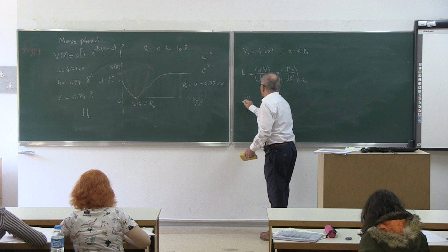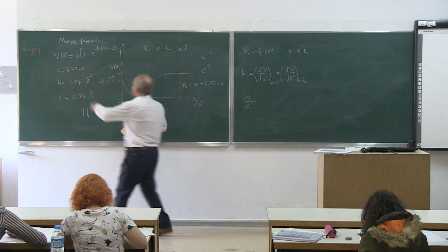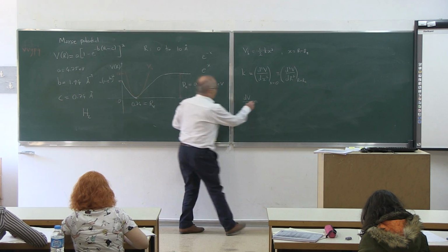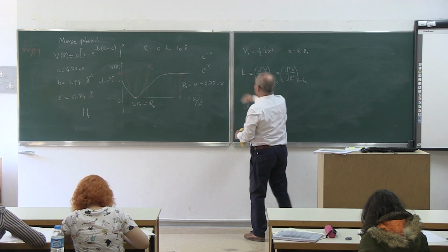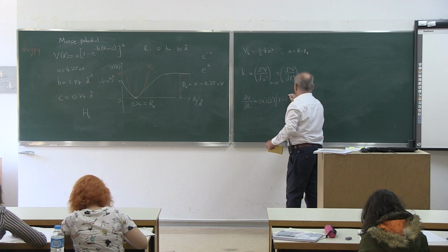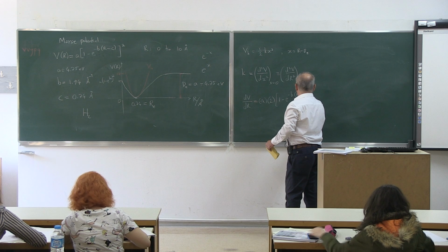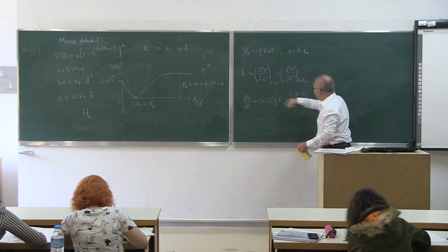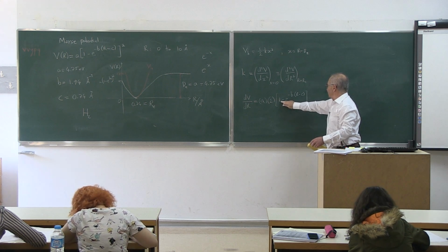What is the first derivative? A times 2 times, remember it's the square, 1 minus e to the minus b (r minus c), times the derivative of the inside. The derivative of the 1 is 0.